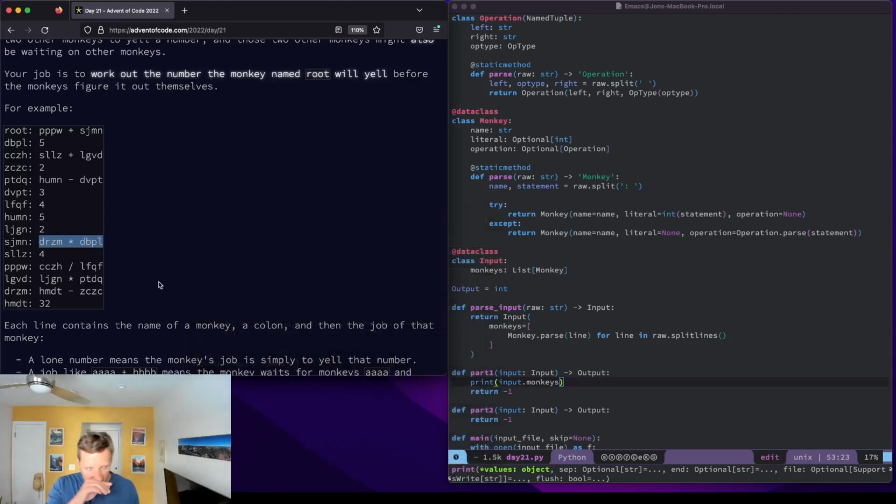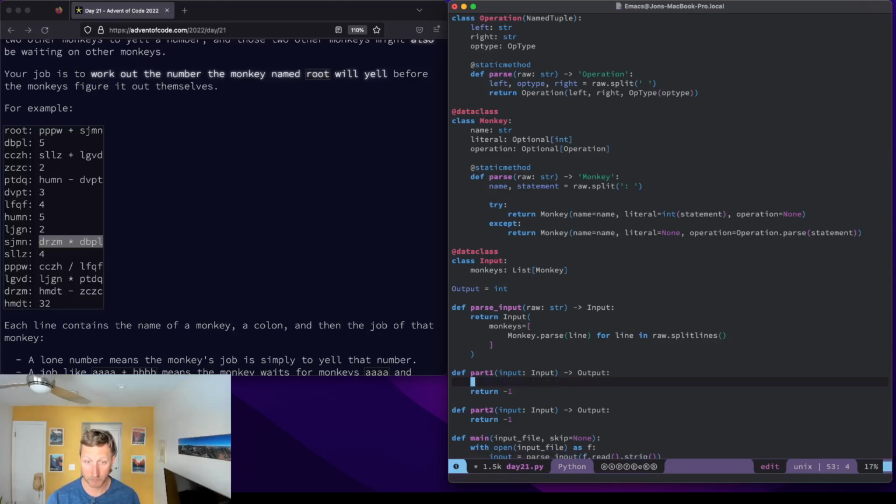So how do we want to solve this problem? One way we can do it is change our list of monkeys into a map of monkeys, and then just recursively calculate it. Yeah, I think that's pretty easy.